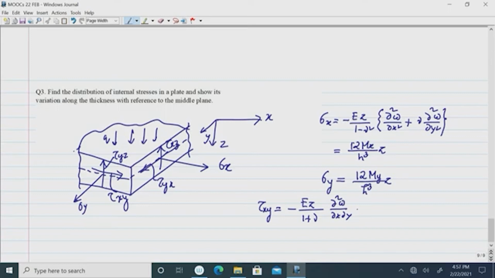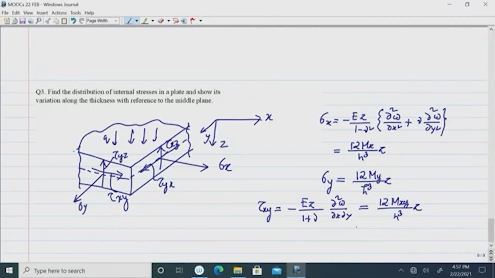Okay. Now, what we know is that m x y is nothing but minus D into 1 minus nu and the twisting curvature. So, based on that we can simplify it and bring it in terms of m x y, the twisting moment. So, the twisting moment m x y is responsible for producing the shear stress tau x y. So, three expressions are known, sigma x, sigma y and tau x y, and tau y x is similar.